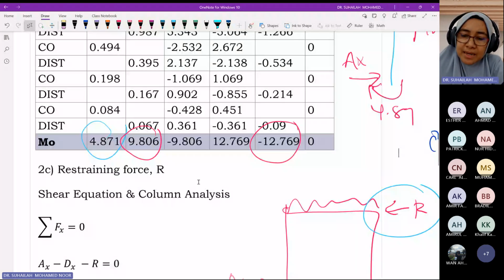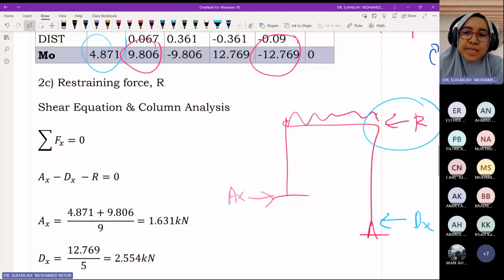When we calculate the restraining force, only then do we need to draw the frame, that diagram B. The upper one doesn't need to be drawn yet. So why is it called the shear equation? Because R, the horizontal restraining force, is in the shear direction, shear towards the column. The column is vertical, because in this frame it is the column that moves. The sidesway is the column moving, and the upper beam BC just follows the column. Why shear? Because shear is perpendicular to the column. The delta comes from the shear force.